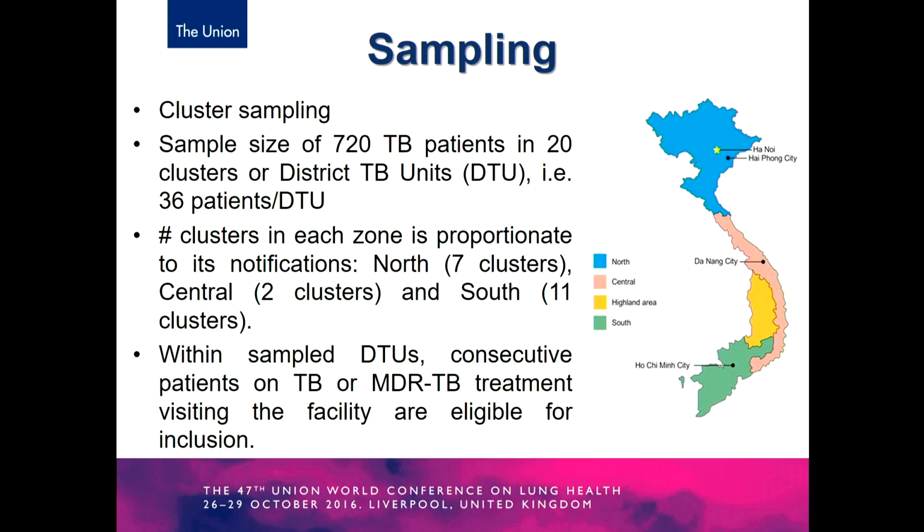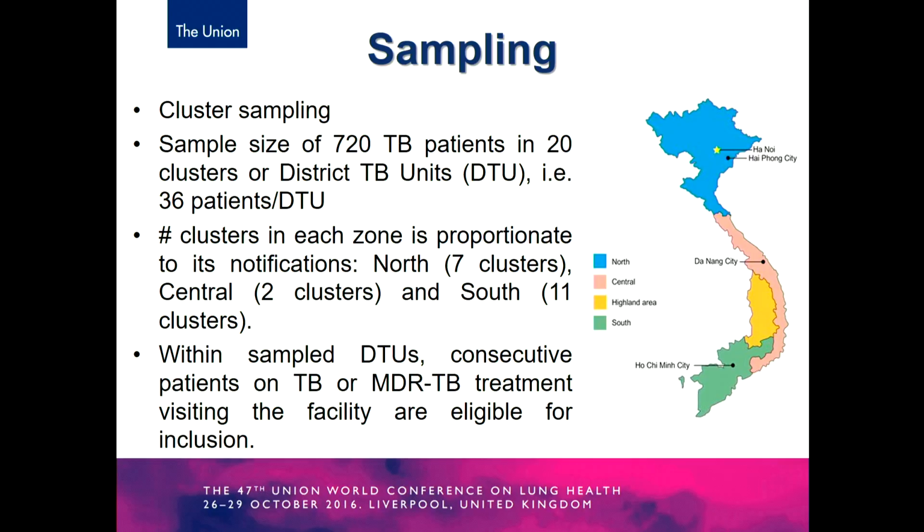In total, we have 720 TB patients, and we classify the country into 3 regions. In the north, we have 7 clusters. In the Central region, we have 2 clusters. And in the south, we have 11 clusters.